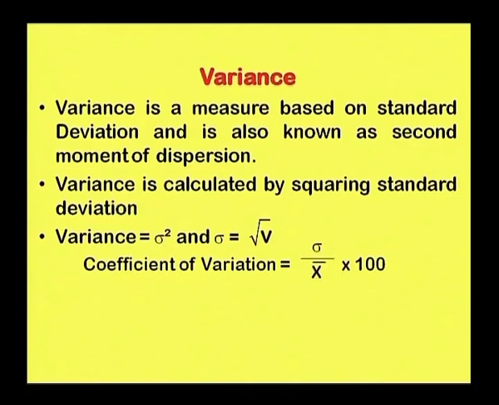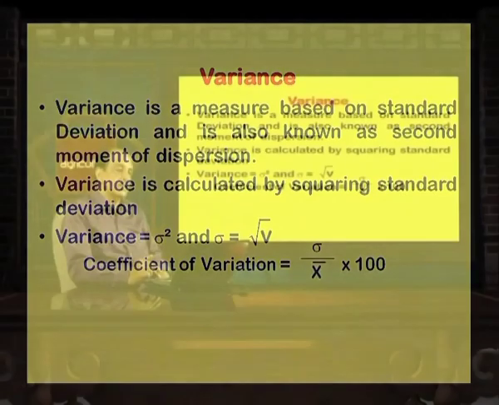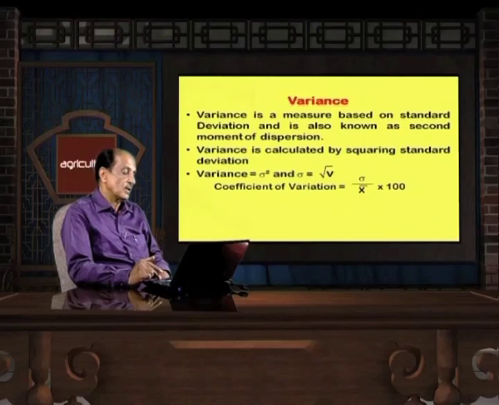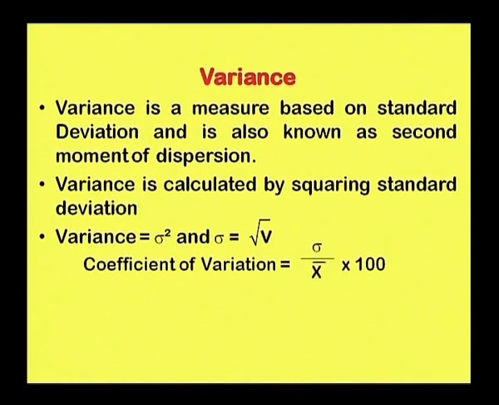Variance is considered the square of standard deviation, so unless we calculate standard deviation, we will not be able to find variance. The formula is: variance is equal to the square of standard deviation, or if you are given variance, then we find the root of variance, which equals standard deviation.